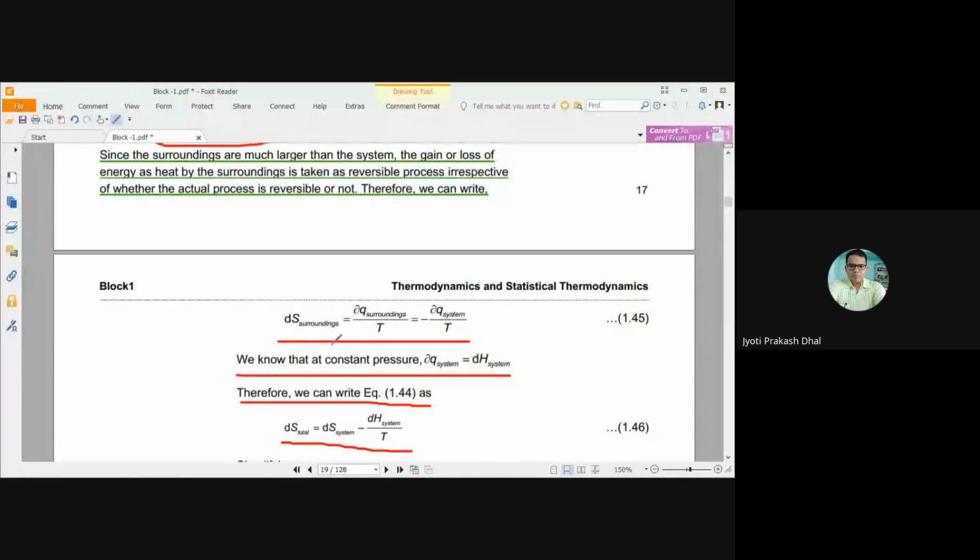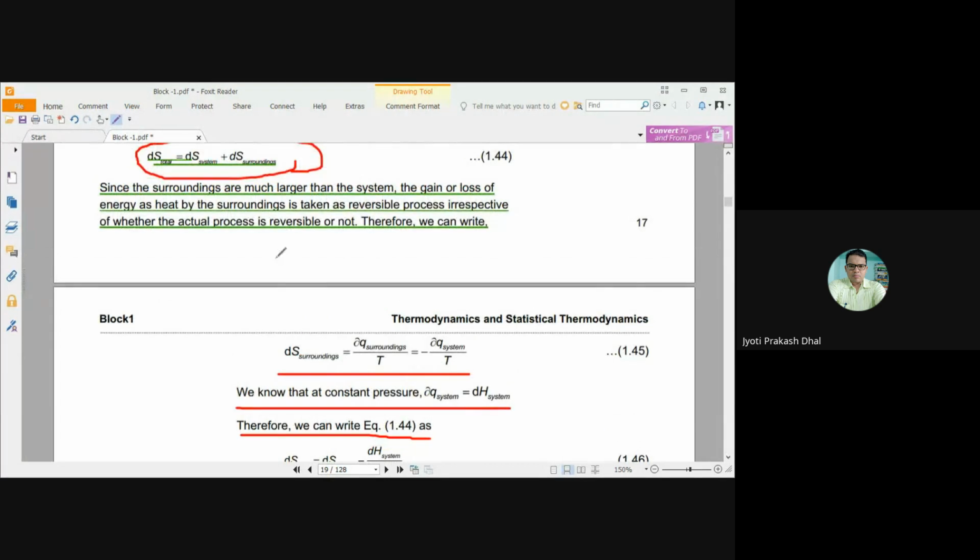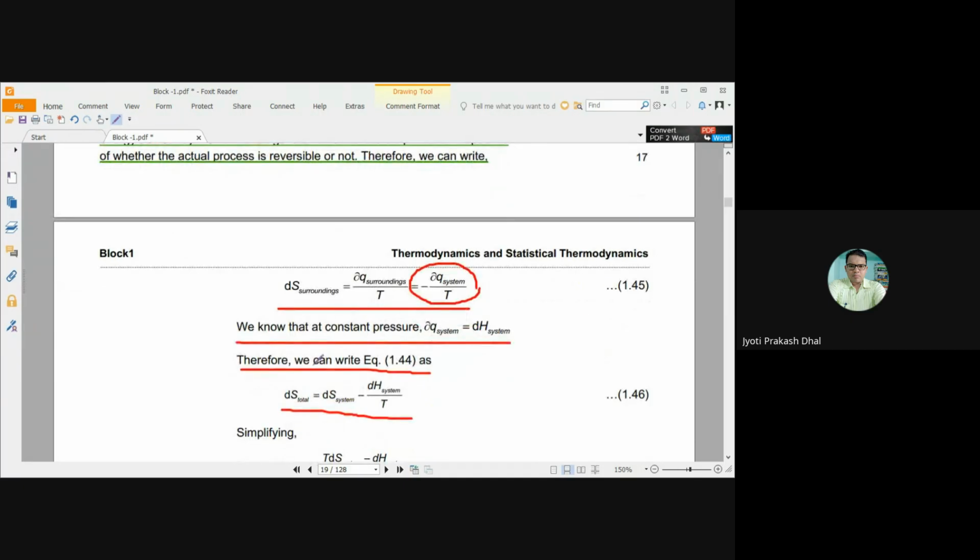From this we can find dS surrounding equals dS total minus dS system, and hence dS surrounding is equal to dq surrounding by T, because we know that dS equals dq by T. So dS surrounding equals dq surrounding by T equals minus dq system by T. Hence, we know at constant pressure dq system equals dH system.